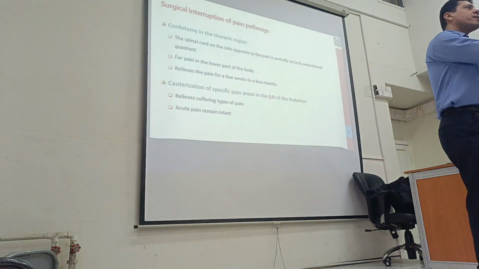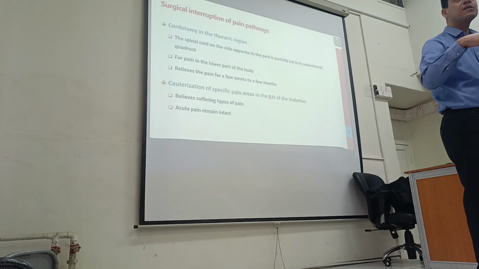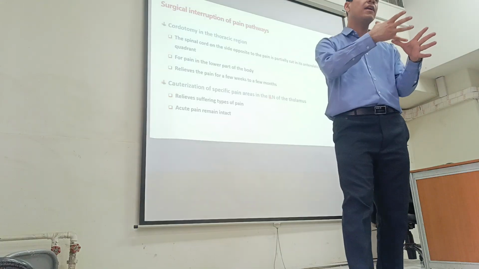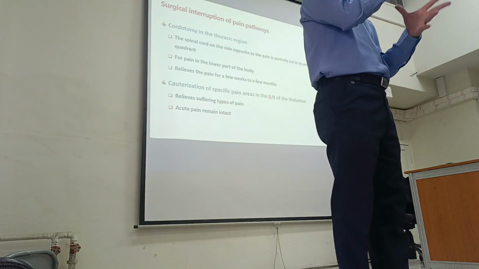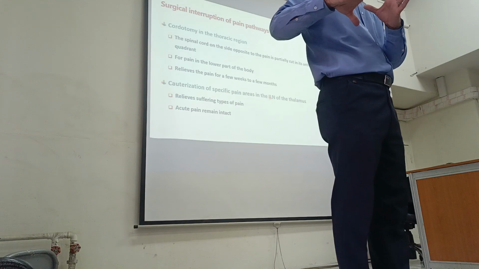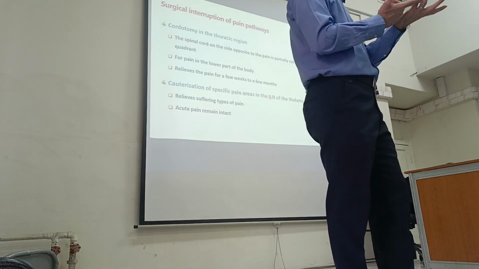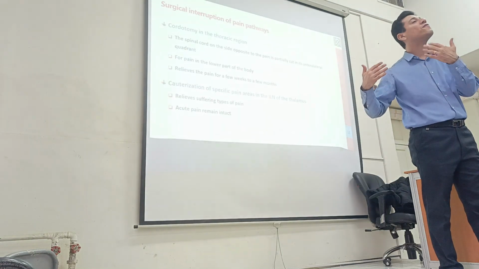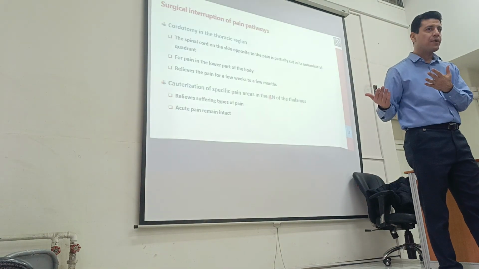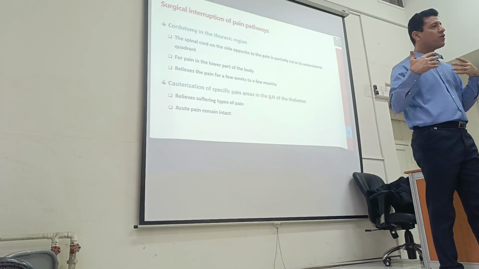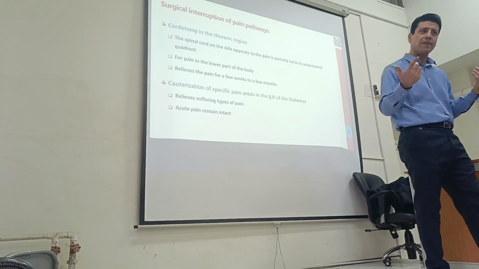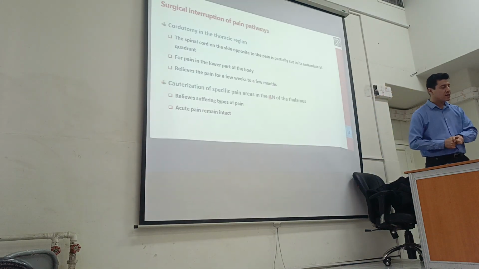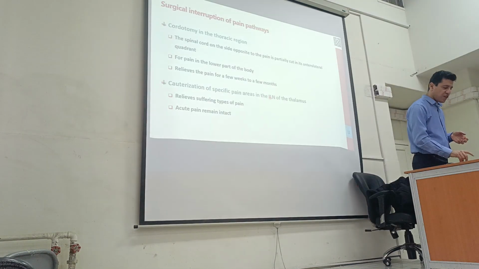So surgeons can do this in thalamus in intralaminar nuclei. We know that intralaminar nuclei mainly are involved in slow chronic pain, because they receive fibers from paleospinothalamic tract. So if we burn them, it means the patient can still feel sharp pain, but they cannot feel chronic and slow pain. And this is actually better, right? So cauterization is another way for interruption of pain pathways.